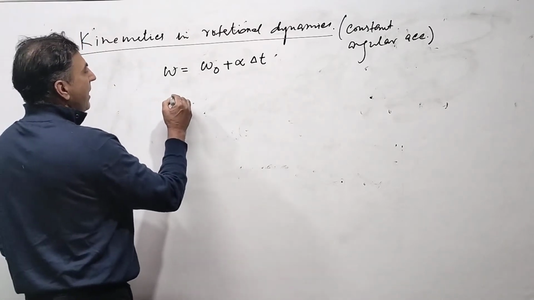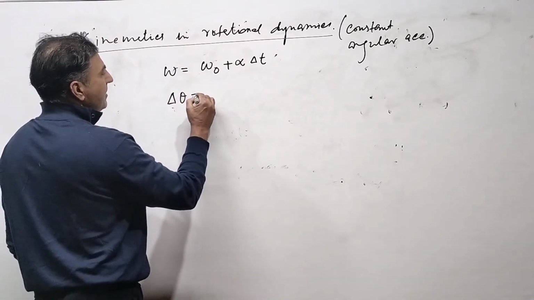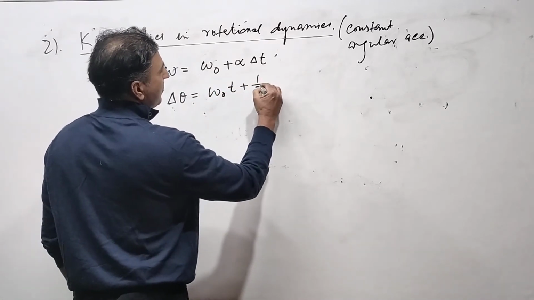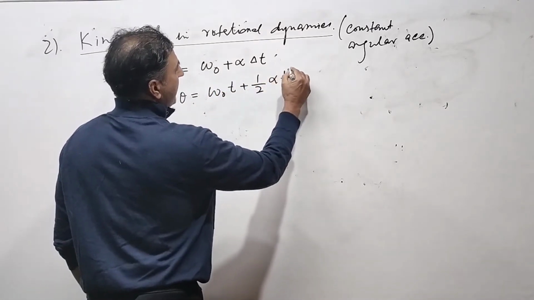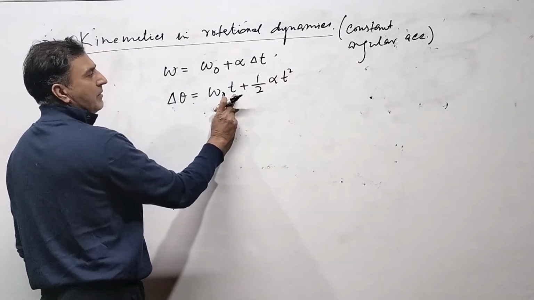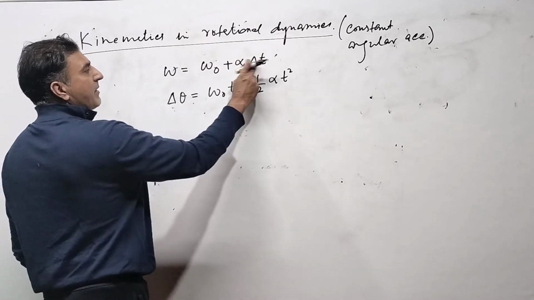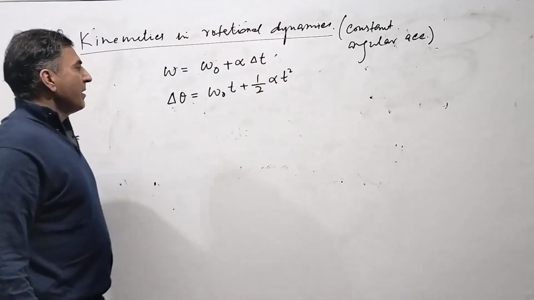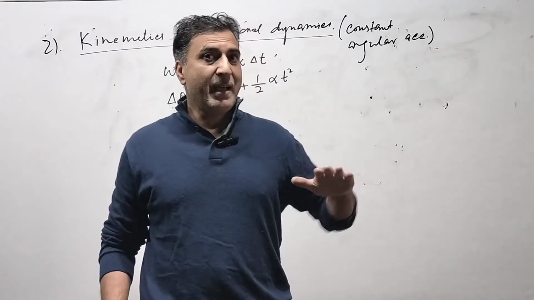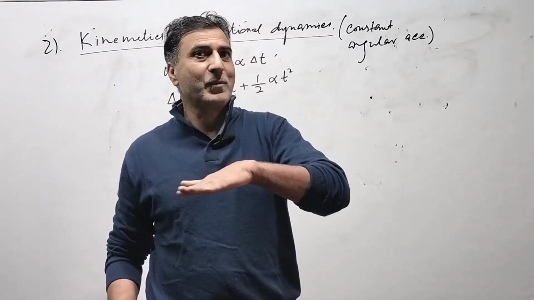And then we have angular displacement delta theta is equal to omega 0 t plus 1 by 2 alpha t square. But t is time interval. It is not instantaneous time, it's time interval. It is the corresponding equation for displacement, S is equal to ut plus 1 by 2 at square.